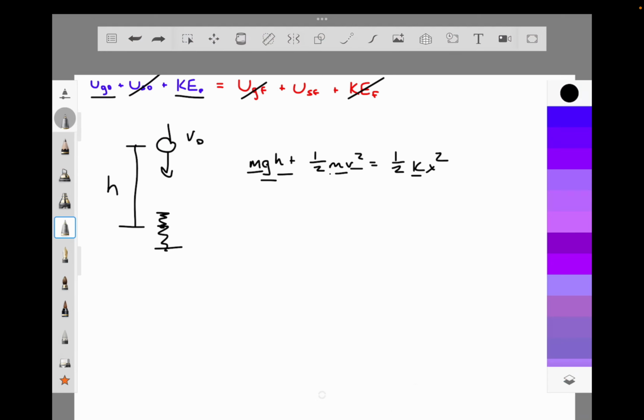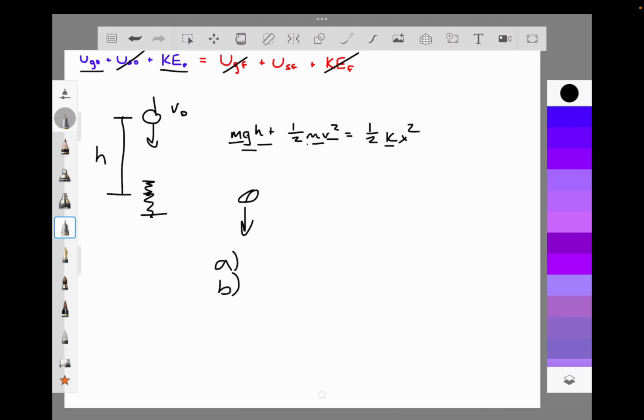So these are your quizzes, and you can decide how difficult you want to make it. My friend made his quizzes super simple, like the first one with a ball dropping, with a part A and a part B, like find the speed of the ball right before it hits the ground.